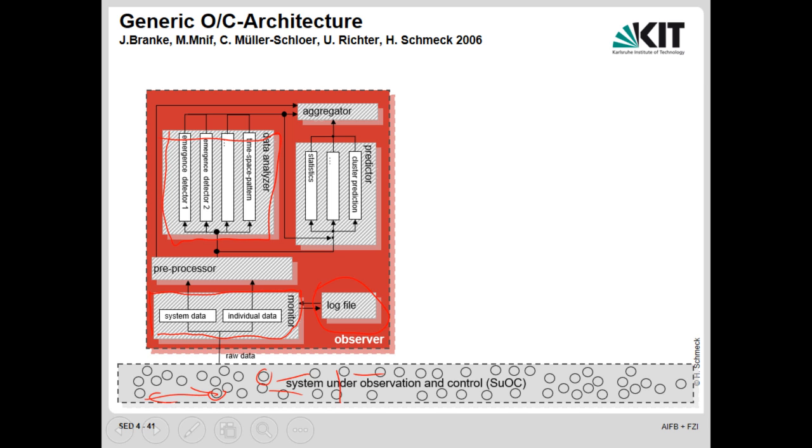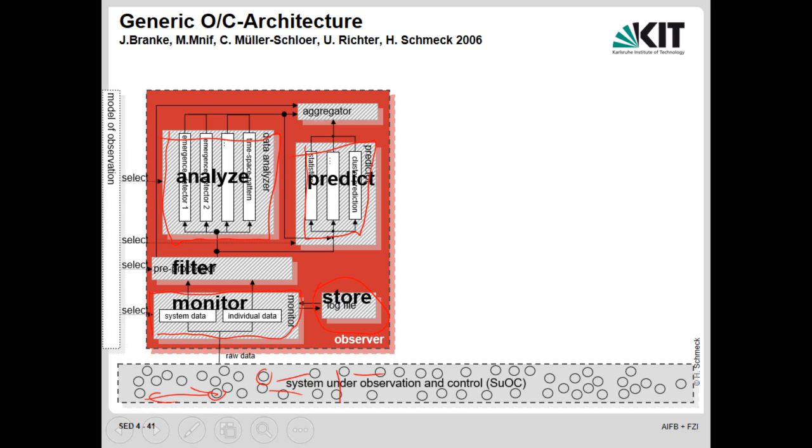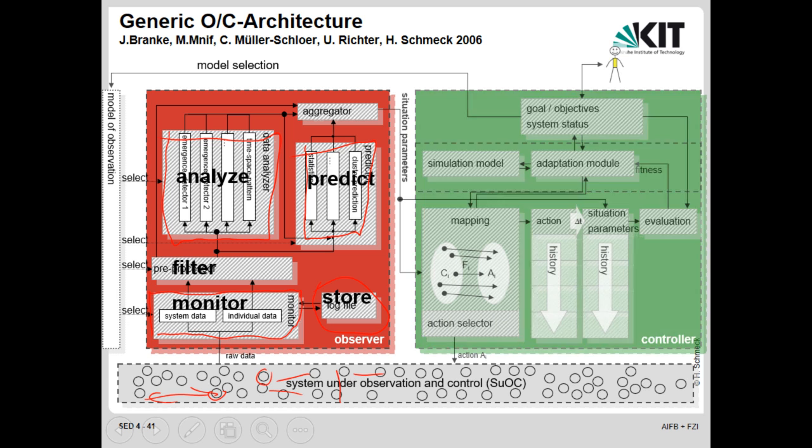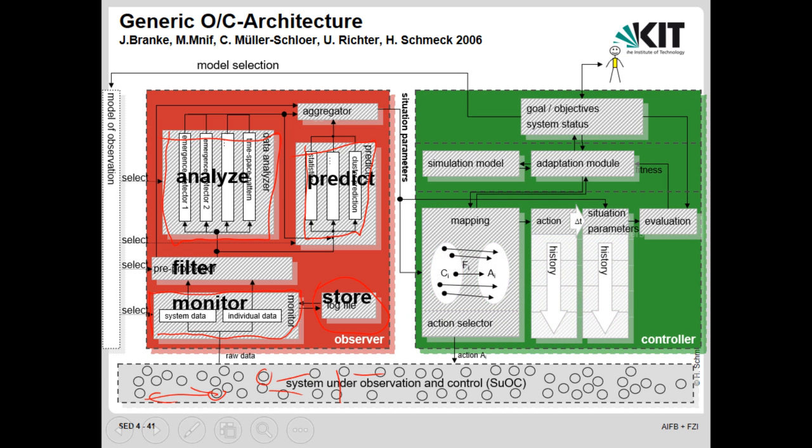From this analysis you get some characteristic data, and this data will characterize the current situation. You might have a predictor, which is very important in some situations, that predicts what will happen in the future, and then you can combine that with the currently observed situation. Then you come to the controller, which gets the characterization of the current situation.